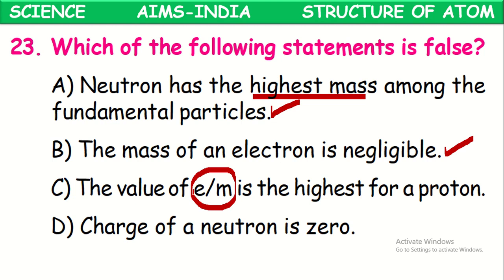So for those, the e by m ratio will be much greater than the remaining two. So e by m ratio of proton is not the highest. It is highest for electron. So it is the wrong statement. Now, charge of neutron is 0. This is also correct. Only the false statement is this.